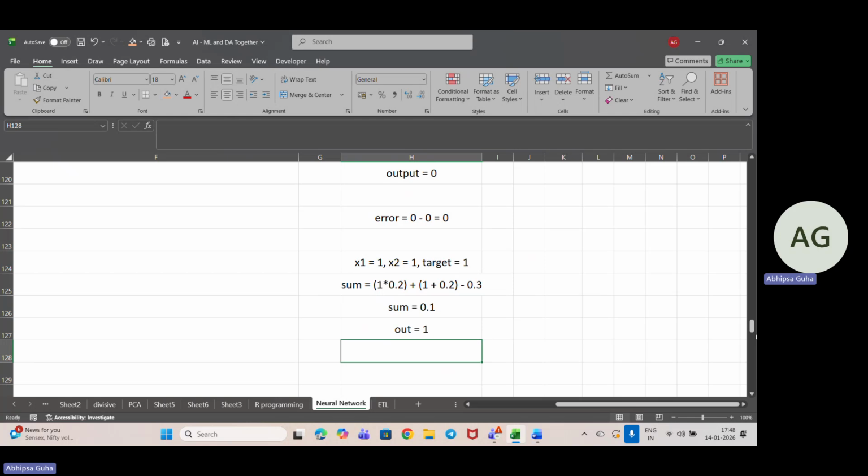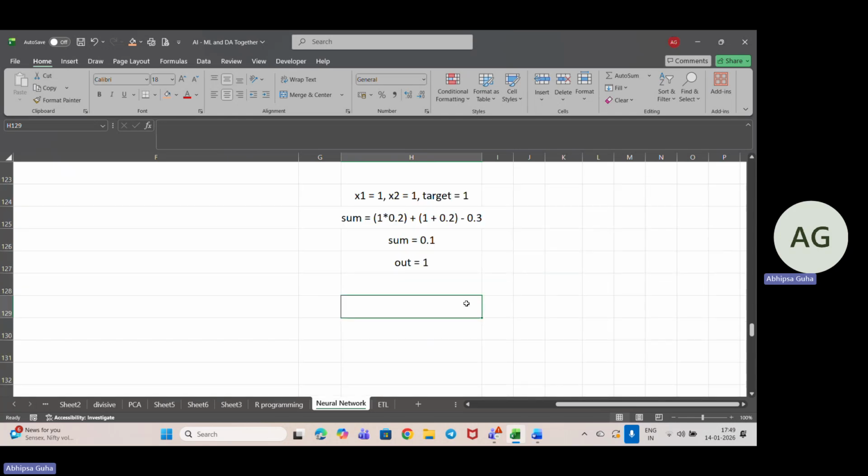Okay. So perceptron is basically a single neuron. It takes input, multiplies by weight, adds bias, applies the step function or the activation function and gives the output. Perceptron is a single neuron.